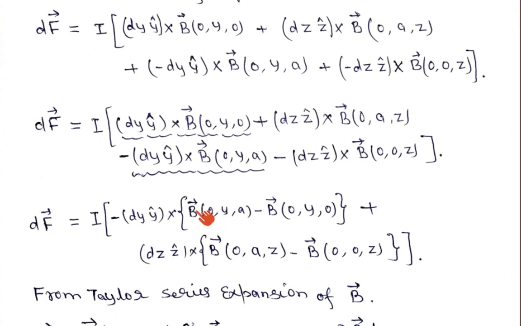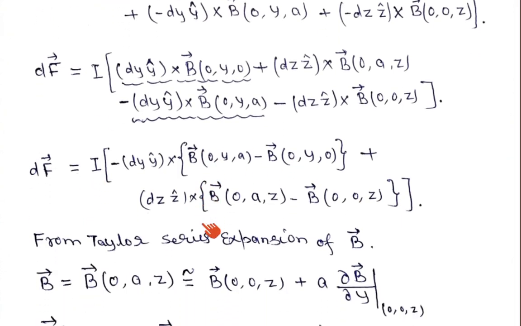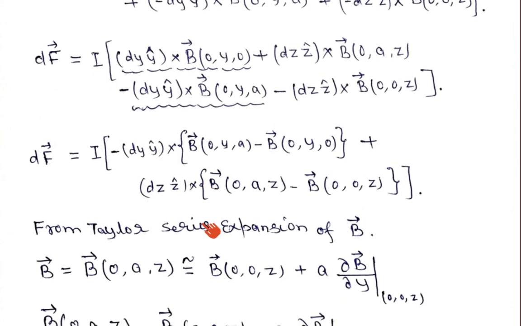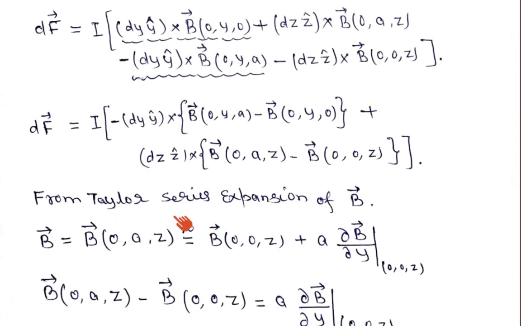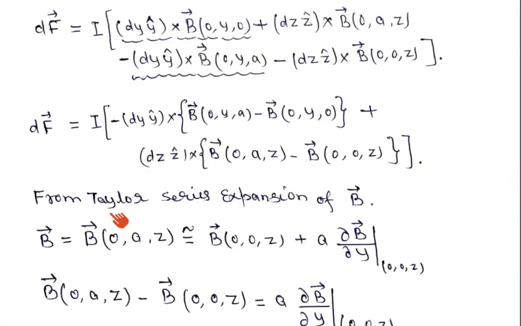Now we can find this magnetic field by using the Taylor series expansion. Maybe you have learned this Taylor series expansion in your mathematical physics class. So if you do the Taylor series expansion, you will get B vector at 0, a, z, because x is equal to 0, y is equal to a, z is equal to z.